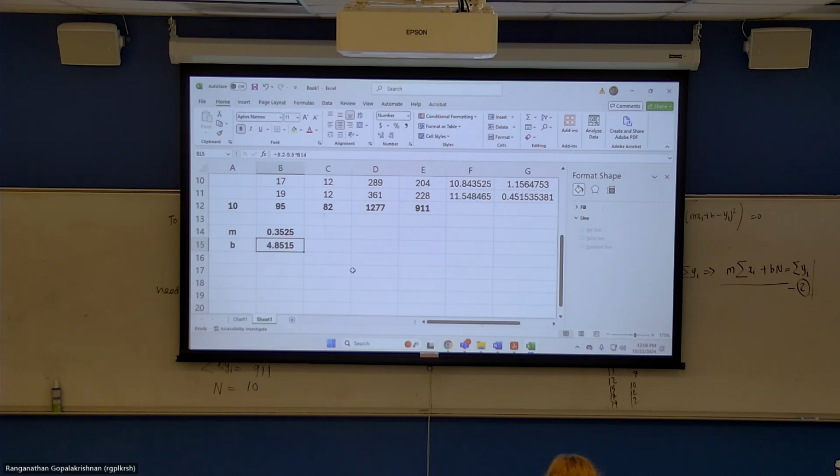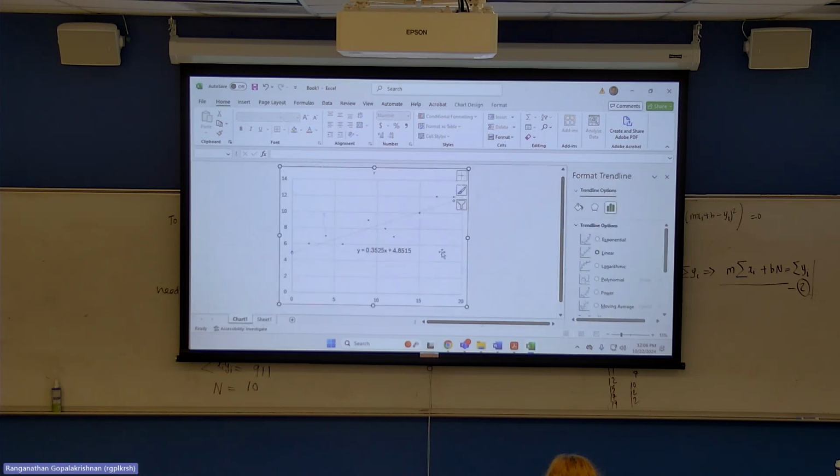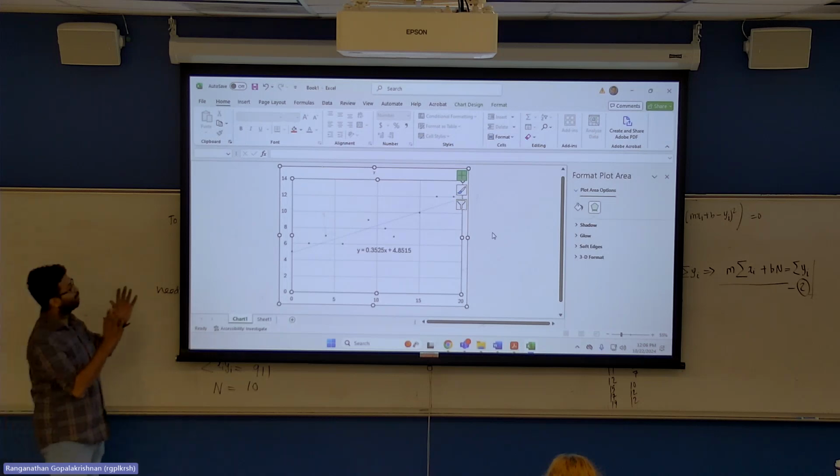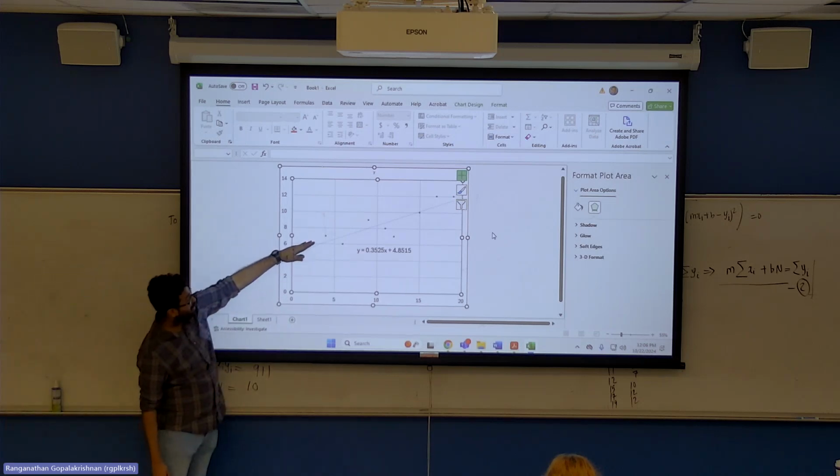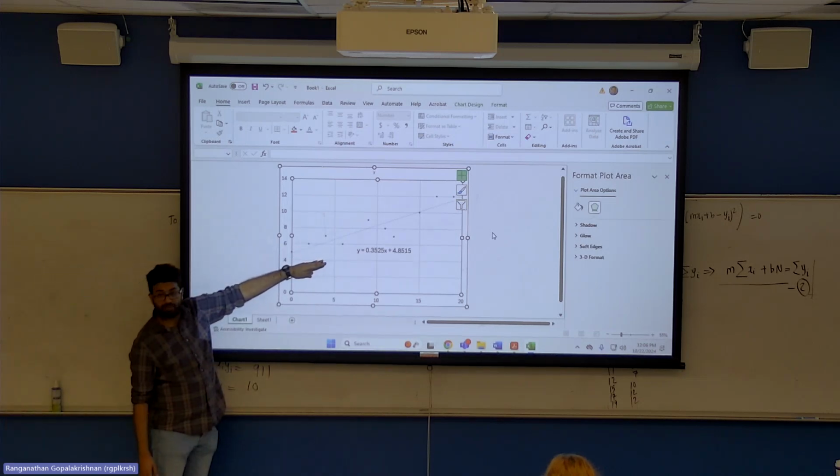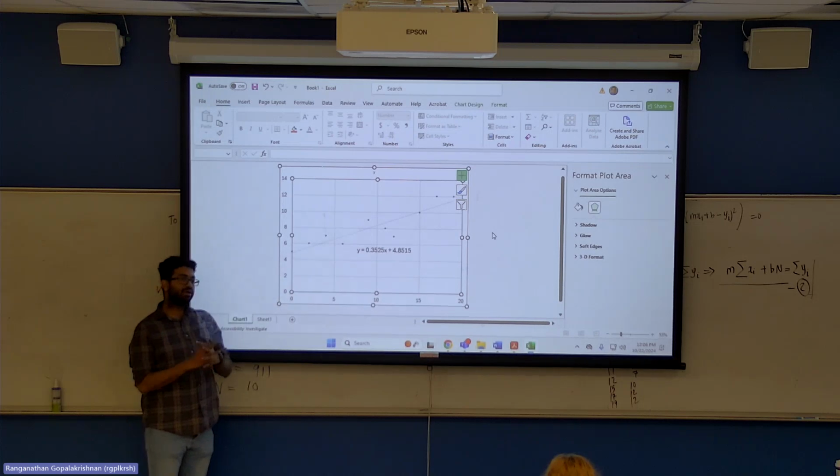Okay. Notice from the graph that there is a population of points, some of which are above and some of which are below the fit line. The fit will not explain every data point. That's the first thing you've got to remember.